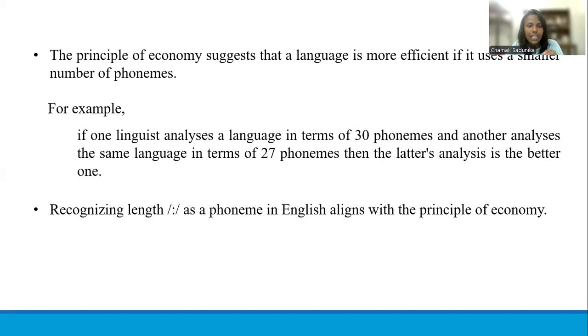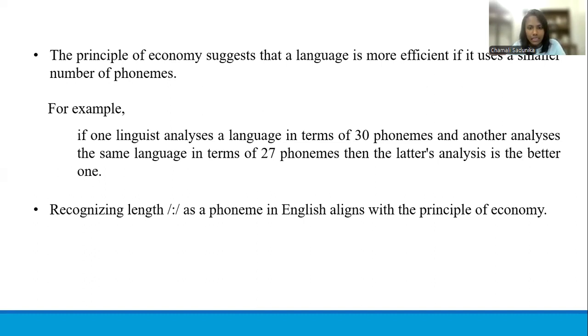So it means the analysis with 27 phonemes is economical here. Simply, you can get this point as instead of using two symbols, if you use one symbol, that is economical.